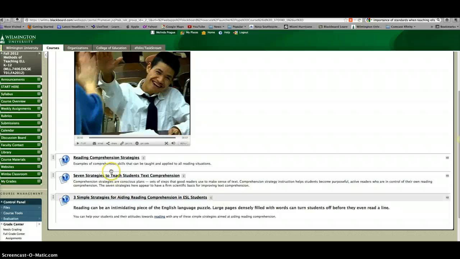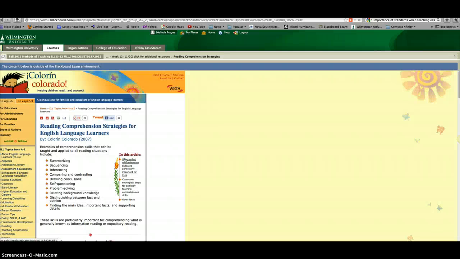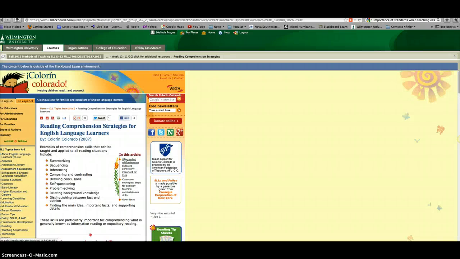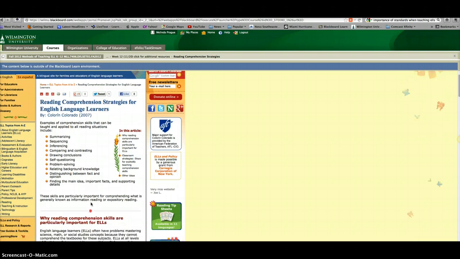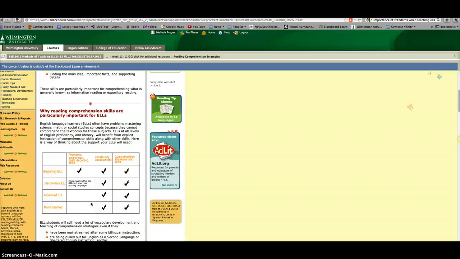The first one is one of my favorite sites and takes you outside of Blackboard to Colorín Colorado. On this website, you have a number of strategies for English language learners. The strategies are listed, and then you have a wonderful chart which shows you which skills are particularly important at which different stages.